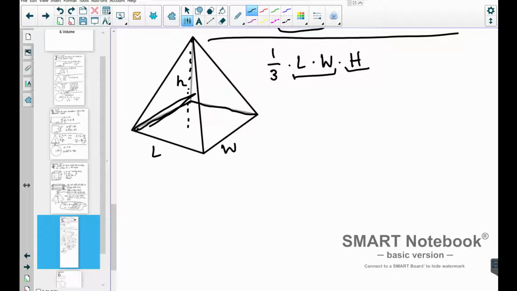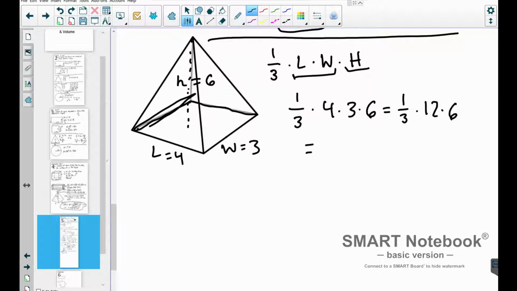So in this case, let's say our height is equal to 6. We'll say a length is equal to 4, and our width is equal to 3. So we have 1/3 times 4 times 3 times 6, which gives us 1/3 times 12 times 6, which gives us 1/3 times 72, which is equal to, we pull that on top, 72 over 3, which would just equal 24.